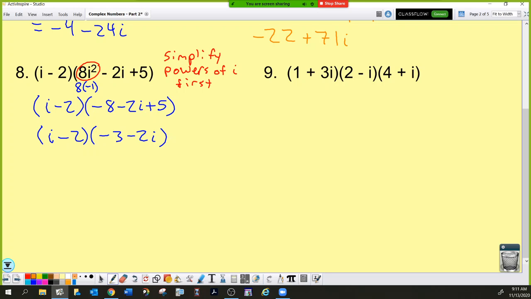Let's actually use orange and blue this time for funsies. i times negative 3, that's negative 3i. i times negative 2i, that's negative 2i squared. Negative 2 times negative 3 is positive 6. And negative 2 times negative 2i is positive 4i.